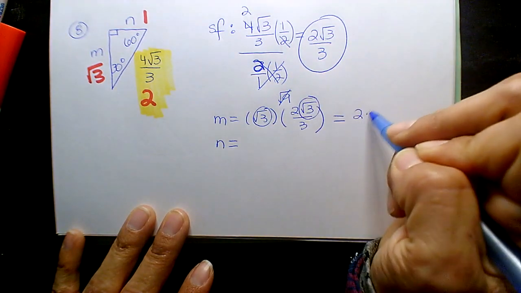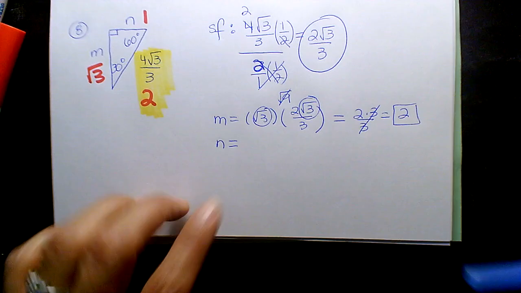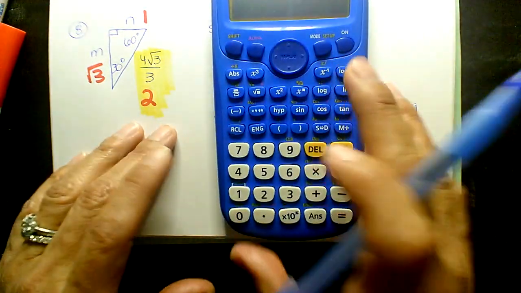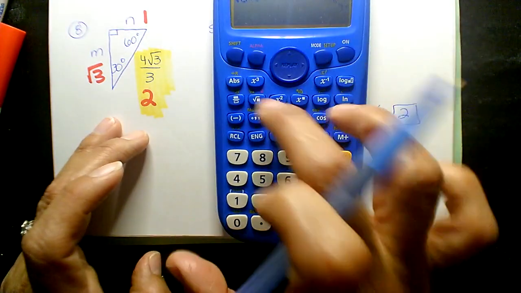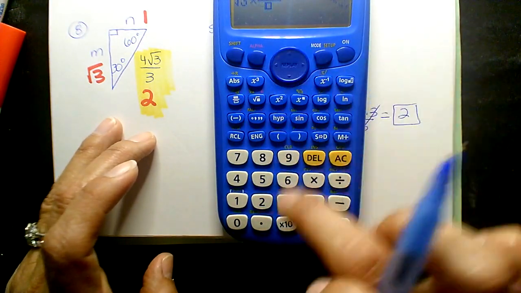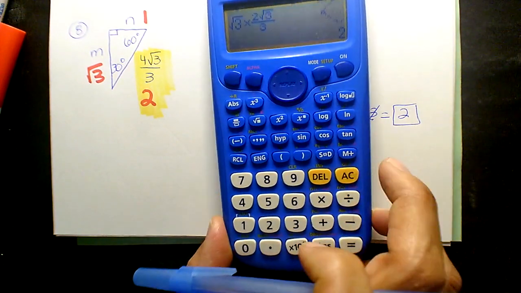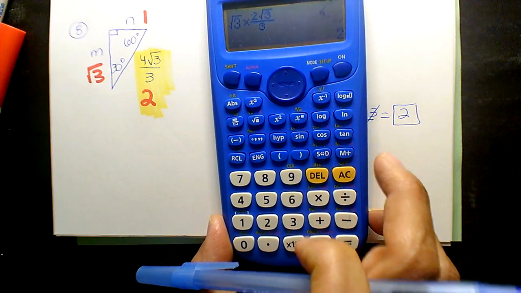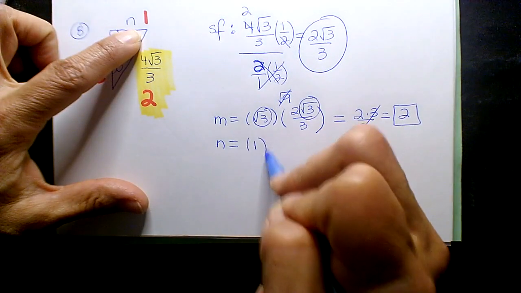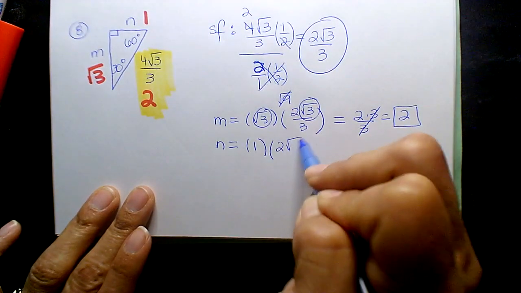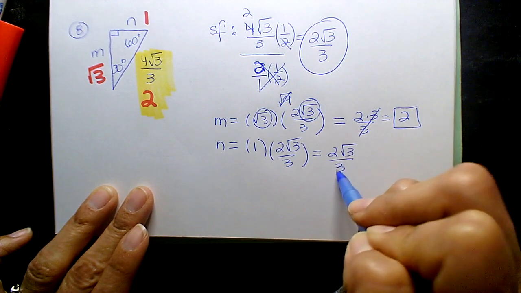So I'm left with 2 times 3 over 3, and that gives me 2. If you throw it in the calculator, rad 3 times 2 rad 3 over 3, you get 2. Okay, N: what is 1 times 2 rad 3 over 3? 2 rad 3 over 3.